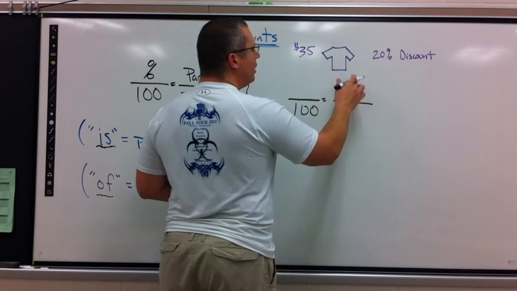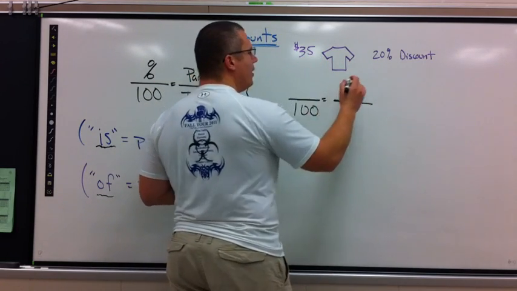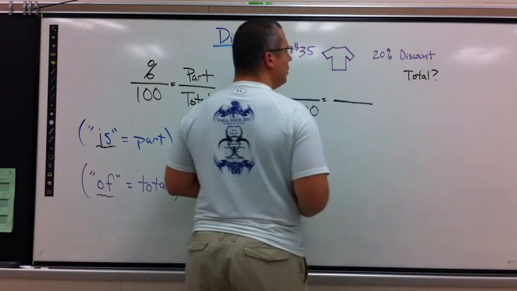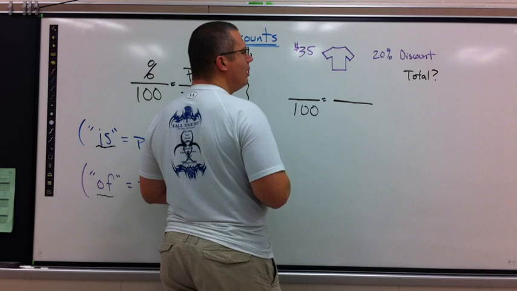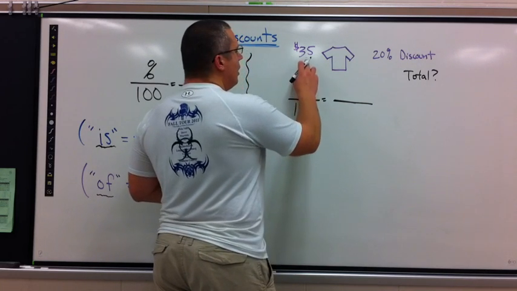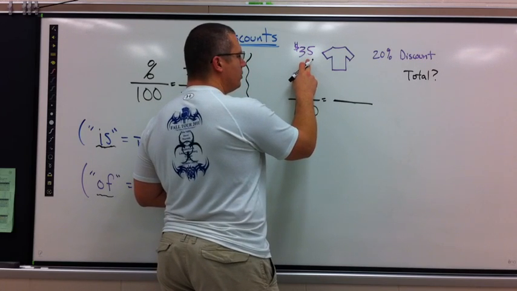And I want to figure out, I can go one of two ways. I'm going to solve it one way first. I want to figure out what is my total. What do I owe them? Okay? How much do I have to pay? The original total cost of the shirt was $35.